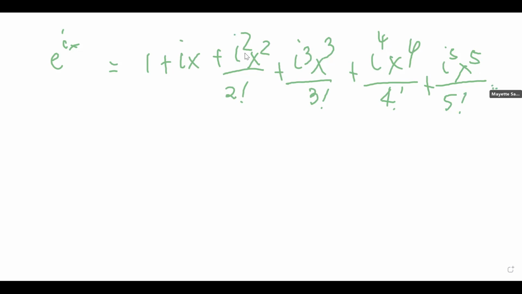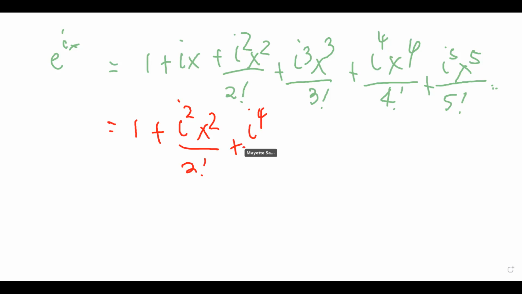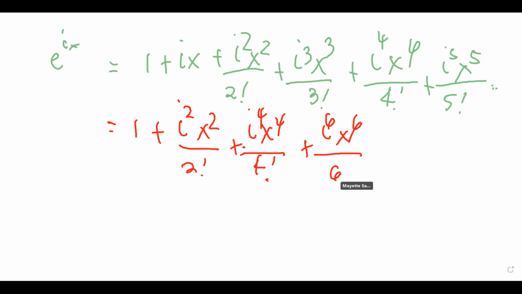And now this will give us 1 plus i squared x squared over 2 factorial plus i to the 4th x to the 4th over 4 factorial plus i to the 6th x to the 6th over 6 factorial.